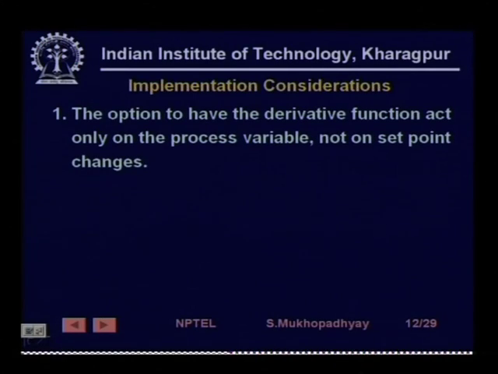I will just list them, they are in no particular order, and some of them you have already seen. You have already seen the option to have the derivative function act only on the process variable and not on set point changes, because set point changes can be step like. That would suddenly induce a very high input to the plant.